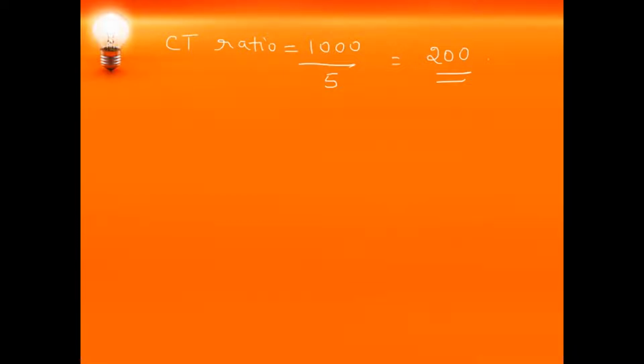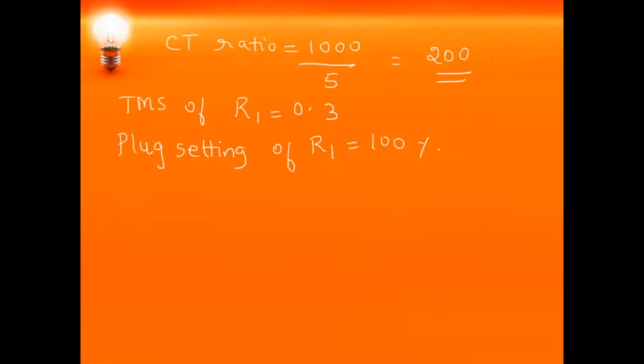TMS of R1 is 0.3 and plug setting of relay R1 is 100%, plug setting of R2 is 125%.